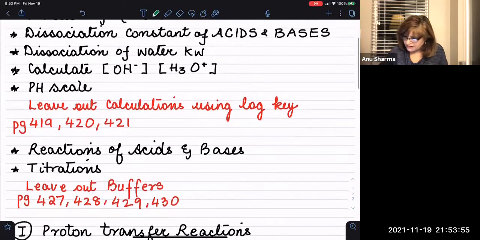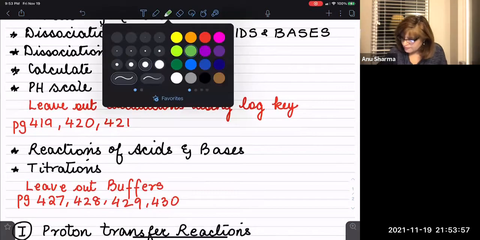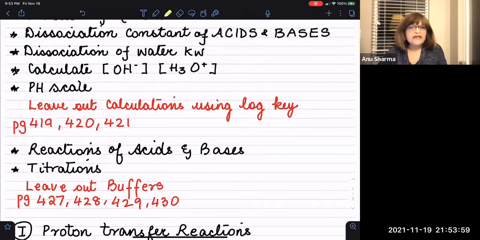Now, there are certain things that you're going to leave out because they involve the use of calculators with the log functions. And I'm not sure how many students are comfortable with doing that. Every calculator has its own way of doing these calculations. And the book and the handout tell you what keys to punch in order to do that.